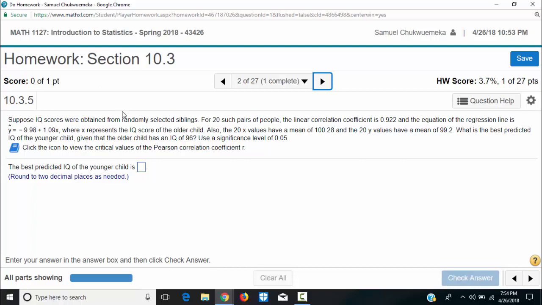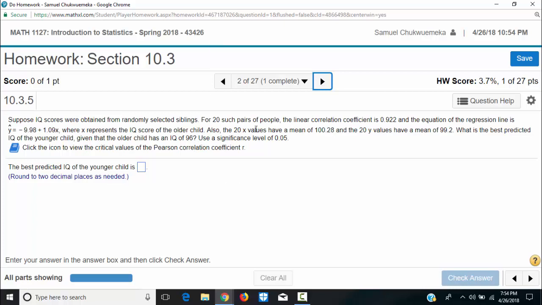When you're dealing with regression, if you find out that there's a correlation, then you check that the absolute value of the correlation coefficient is greater than the critical value for the specific sample size.